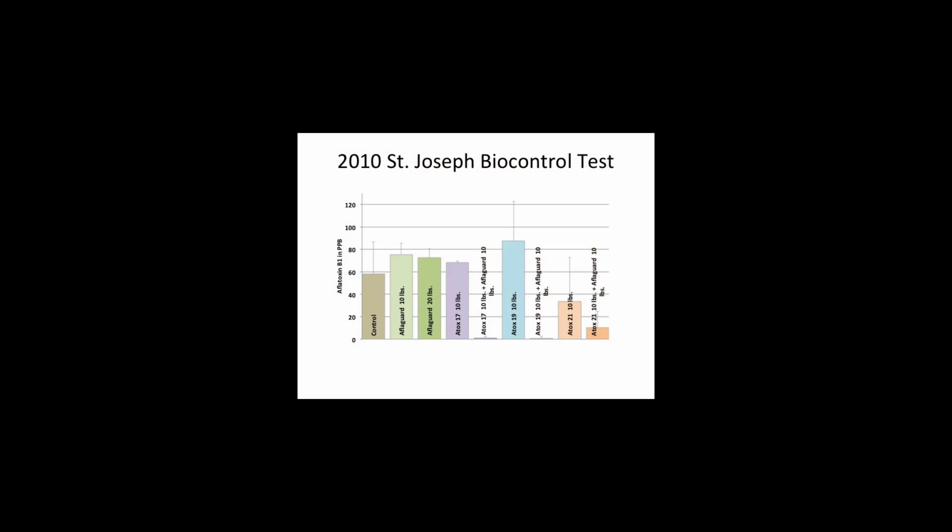Well, what does this mean for biocontrol? This is some old data, and this gets to the point of using multiple strains of atoxigenic isolates. This looks at treatment of a field in St. Joe with either Aflatoxin or 17, 19, or 21 isolate, which were one of those 12 that I mentioned earlier.